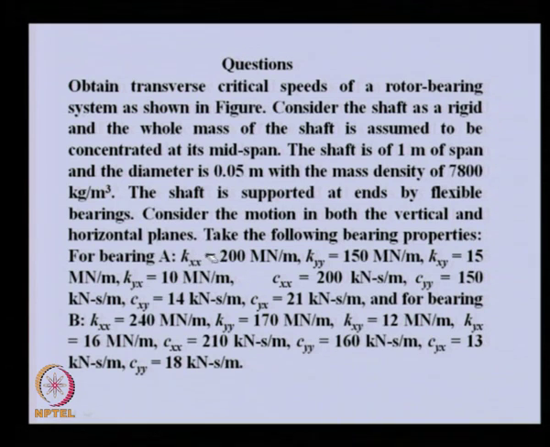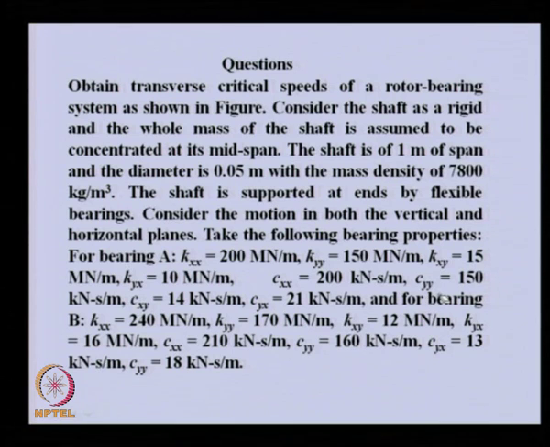The shaft is supported by flexible bearings, and we are considering motion in both the vertical and horizontal planes, because we are considering the bearing property with 8 coefficients, 4 for damping and 4 for stiffness. These are the stiffness properties kxx, kyy, which are direct stiffness, and these are cross coupled stiffness. They are generally relatively smaller in magnitude compared to direct stiffness. Similarly, the direct damping terms and cross coupled damping terms are there.